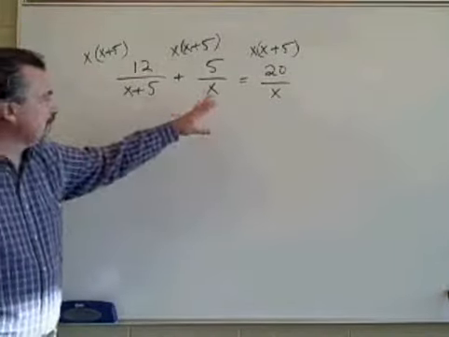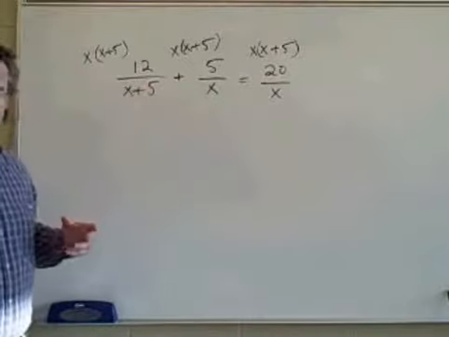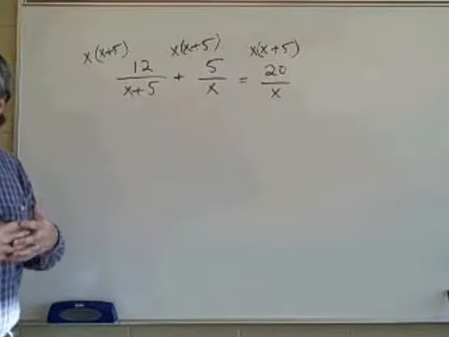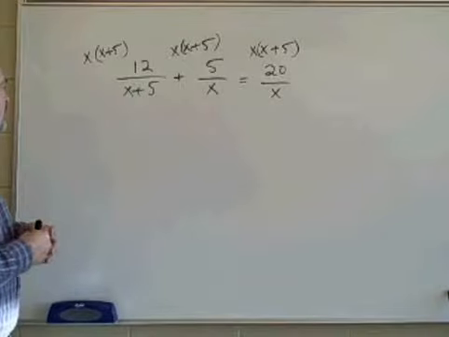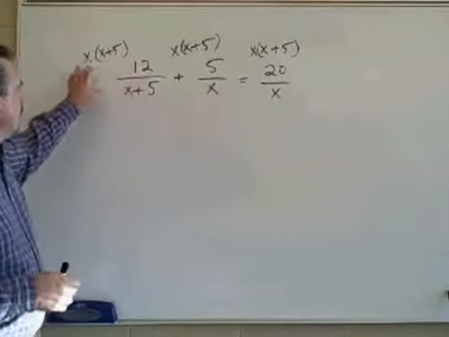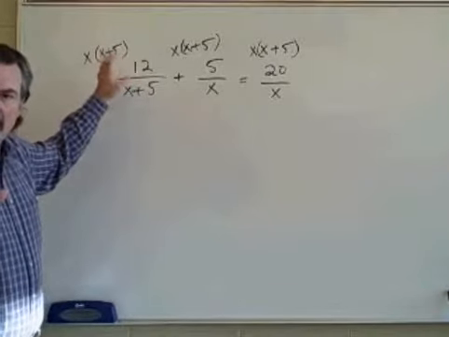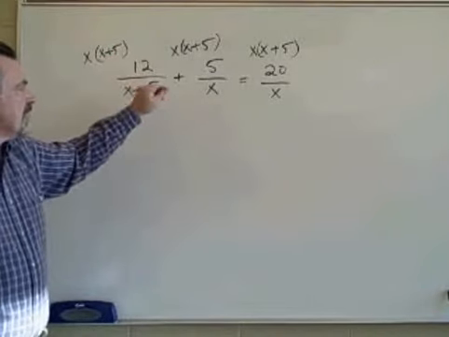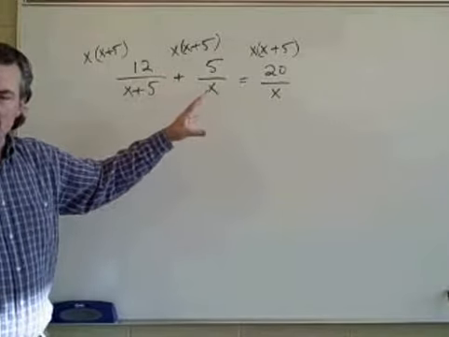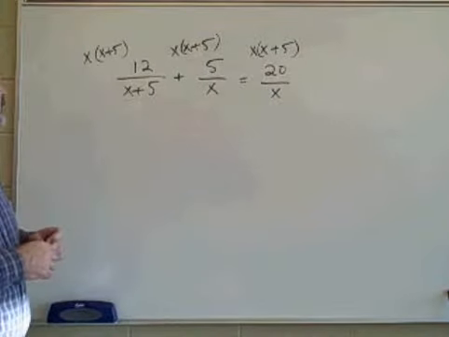I have to multiply every term of the equation by the same quantity, or I destroy my equation. So this factor of x and binomial factor of x plus 5, that pair of factors is the correct multiplier so as to cancel my denominators for me.